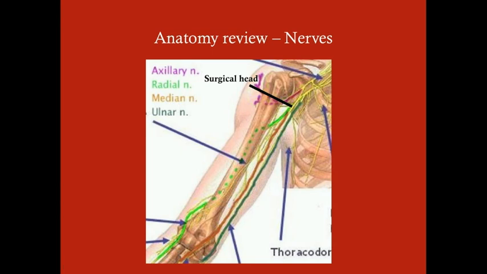So the physis, remember, is the growth plate, and when that physis closes off, then it's no longer a growth plate, but the area right distal to the physis where it used to be is called the surgical head, and the surgical head is the weakest part of the humerus, and so it is at risk for fracture. And indeed, a fracture of the surgical head, which we'll talk about, is the third most common fracture in the elderly population.